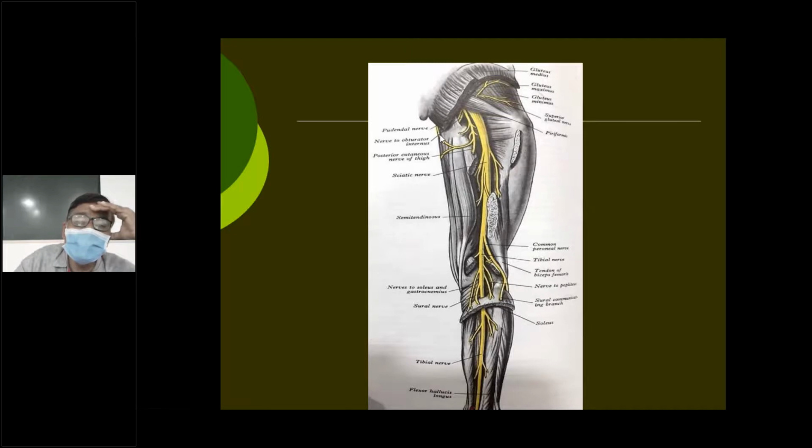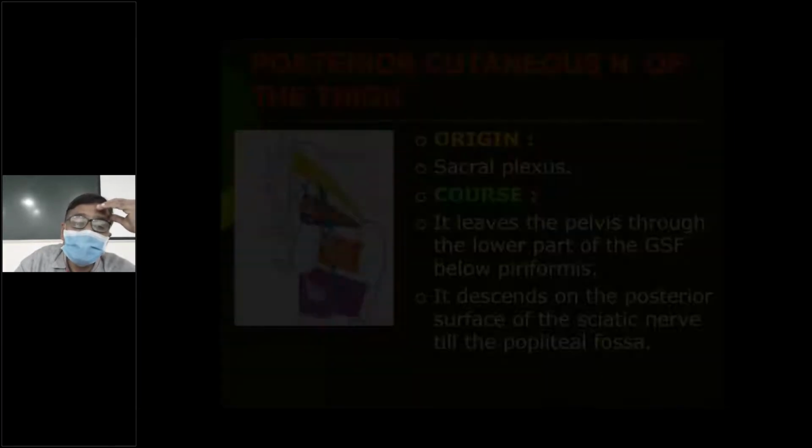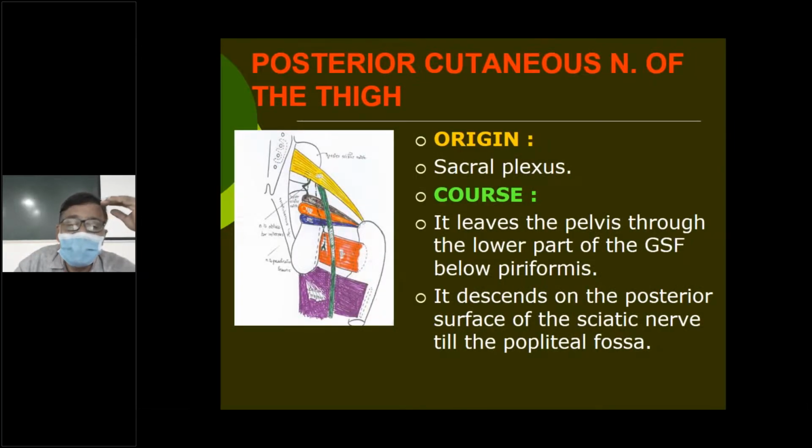This one goes towards the urogenital triangle, the perineal branch. So what are the branches of the posterior cutaneous nerve of the thigh? Gluteal branches to the skin of the lower part of the gluteal region, and then the perineal branch.